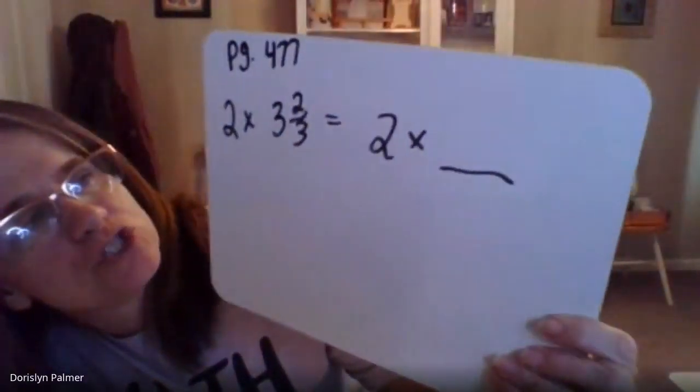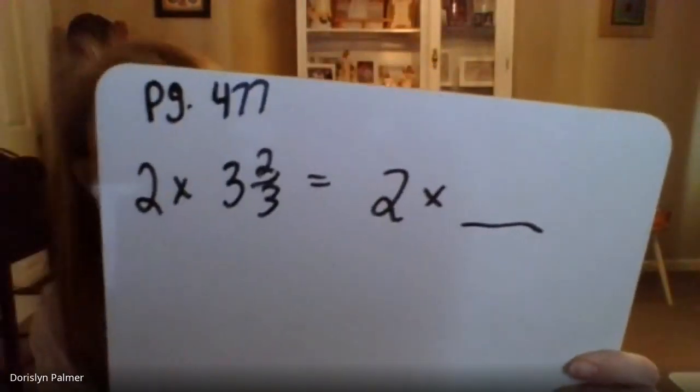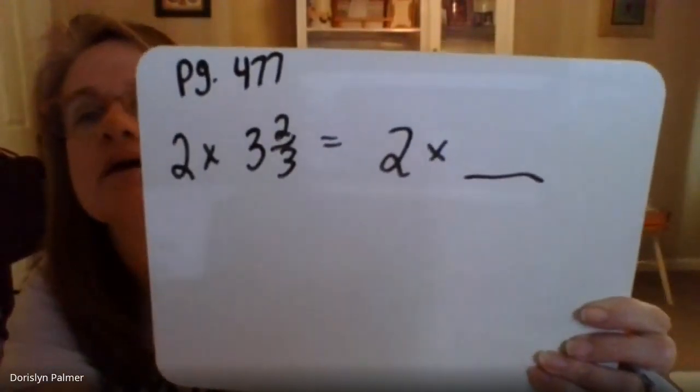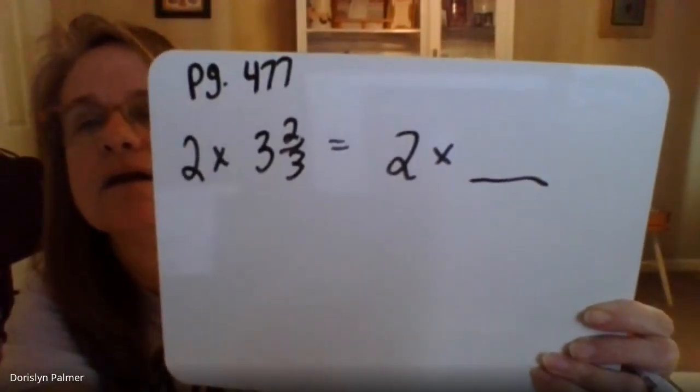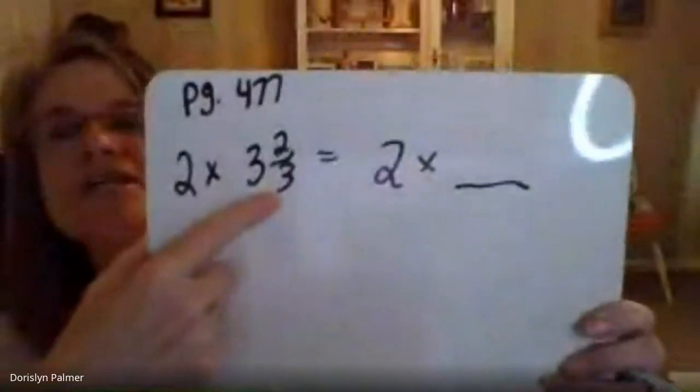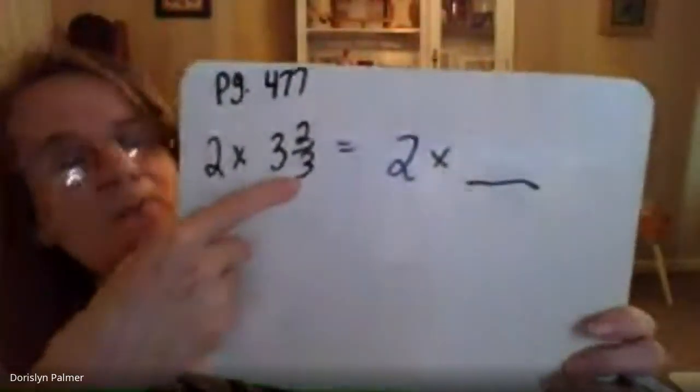Does anybody remember how to change 3 2/3 into an improper fraction? Yes, I'm positive. Aswad, can you tell me how I could change 3 2/3 into an improper fraction?